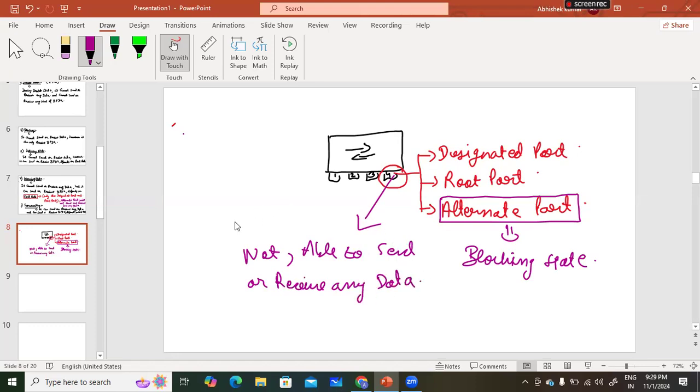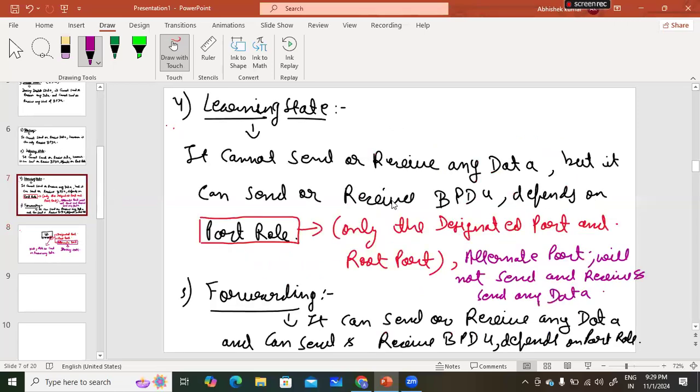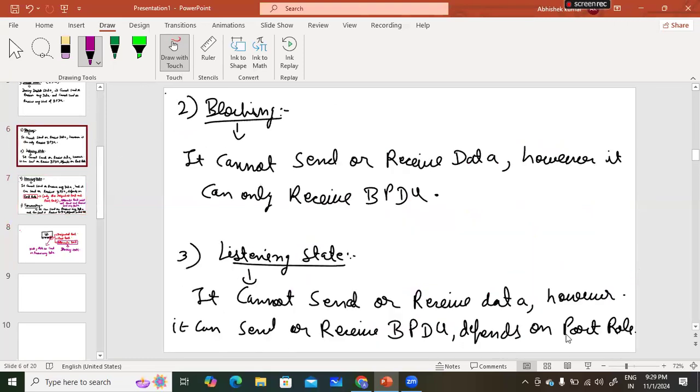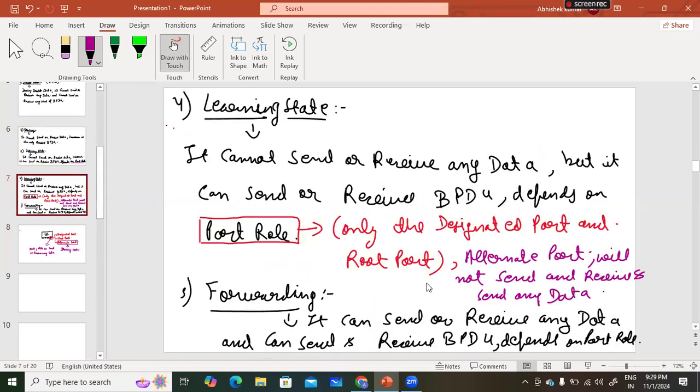Okay, that's why I very cautiously used the words "depends on port" here. Just see the kind of words I've used. Depends on port rule, it will receive and send. However, it can send or receive the BPDU depends on the port rule. Similarly, I used the words depends on port rule, and in the forwarding state as well.